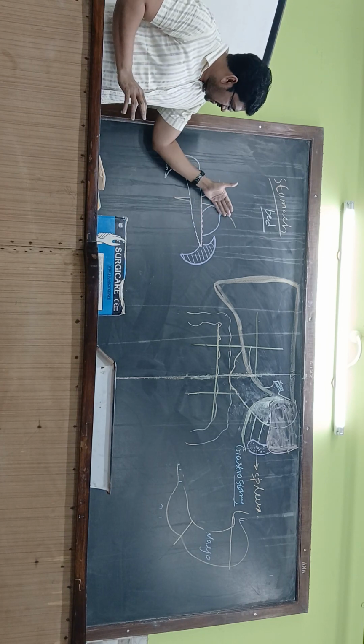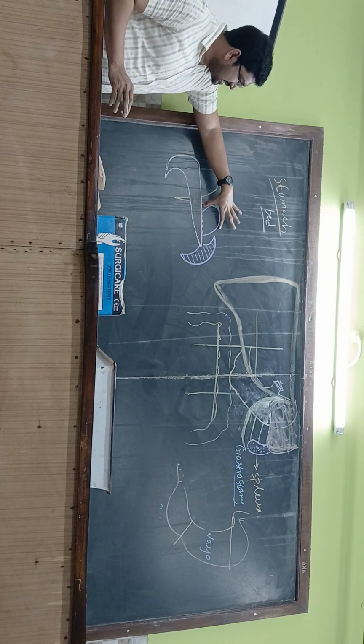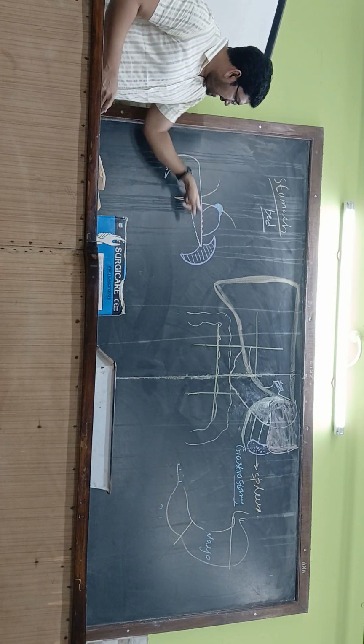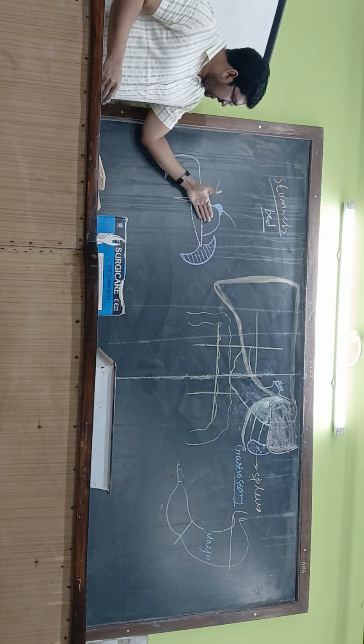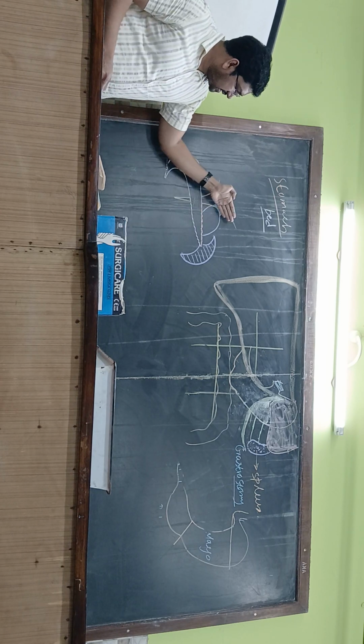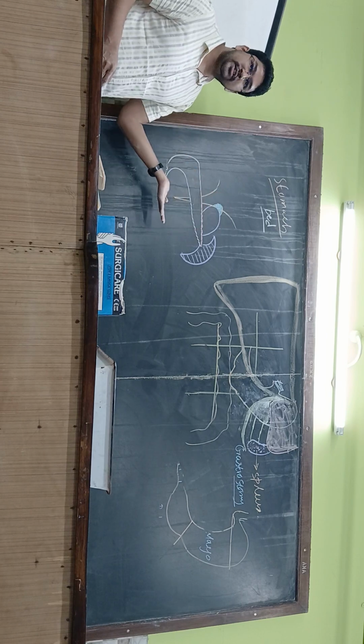Kidneys are the retroperitoneal structures, obviously, followed by the anterior border of this pancreas over here. In front of that will be the transverse mesocolon. So it is like a concavity which is forming the bed of the stomach.